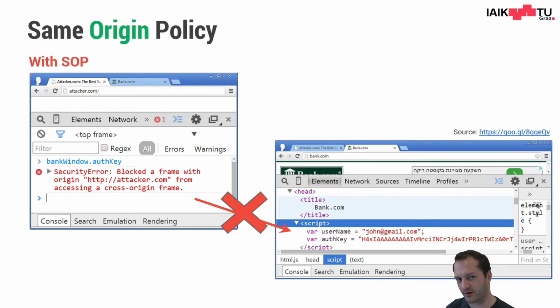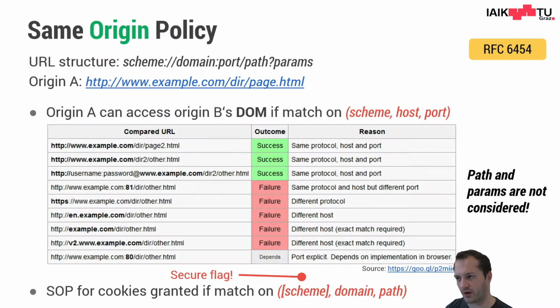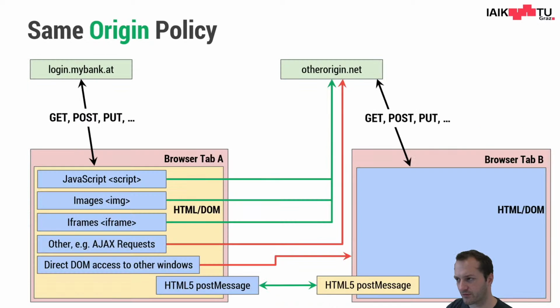But as already said, it doesn't block everything. So everything it blocks has to correspond to this URL scheme. In addition to that, there are certain requests that always work, even if the origin is different. I already told you that it can prevent certain attacks, and these attacks can happen very frequently, very easily.